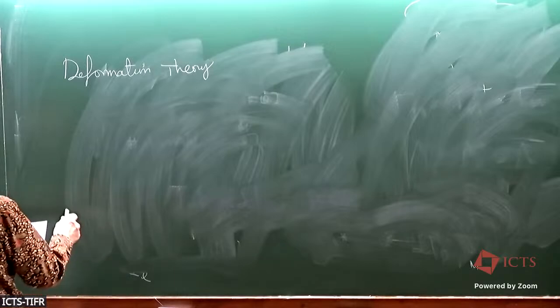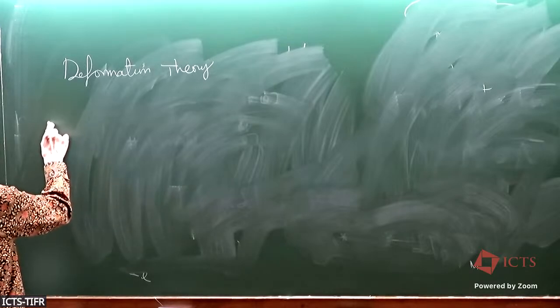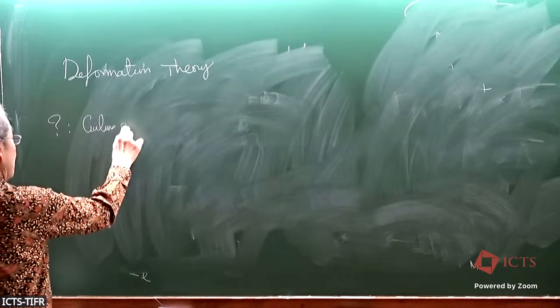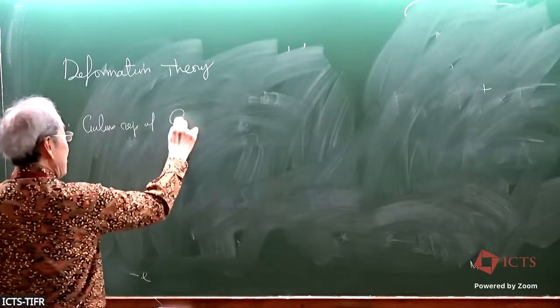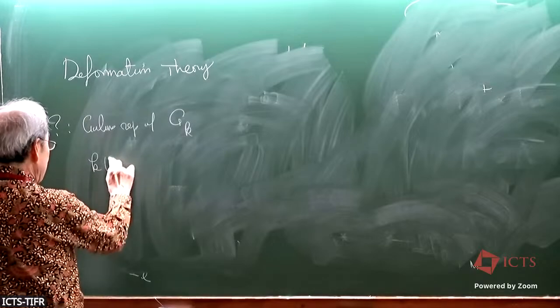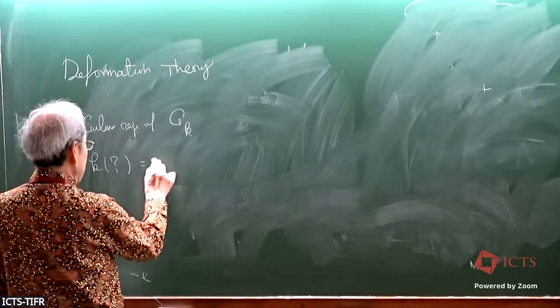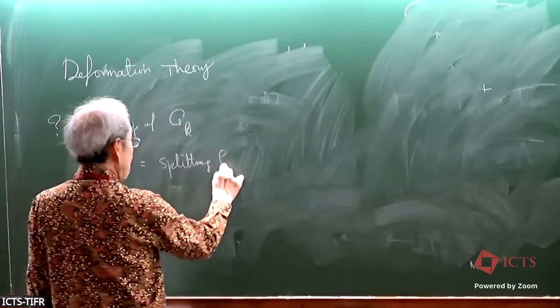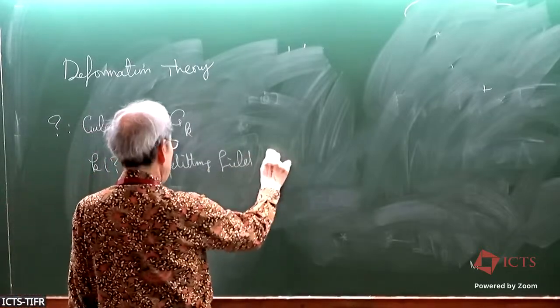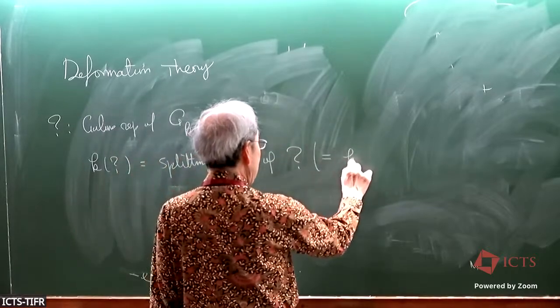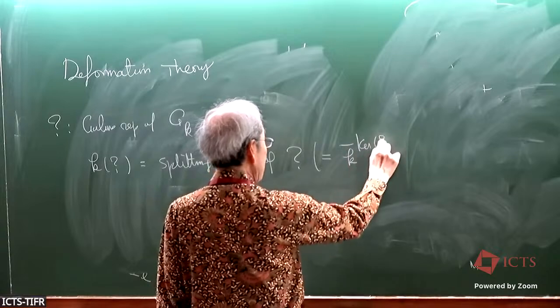So whatever Galois representation question of some Galois group over a field K you have, I just write K question mark to be the splitting field of question. In other words, this is K bar kernel of question.